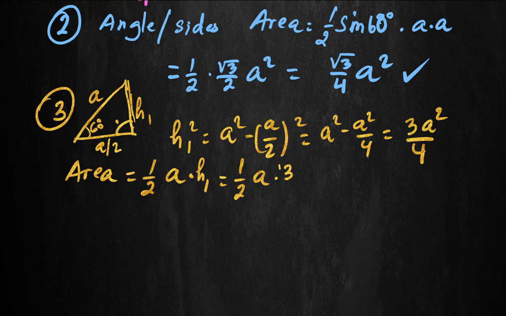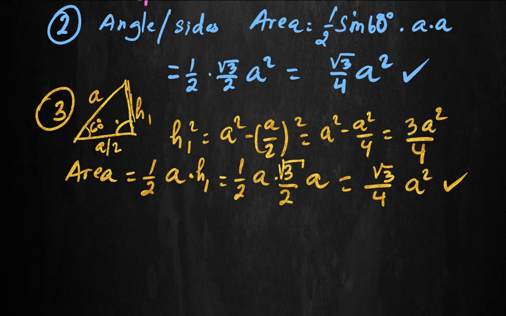So 1/2 of a times square root of 3 over 2 times a, because remember the value up there is h1 squared, we have to take the square root of that. So we get the area is equal to square root of 3 over 4 times a squared.